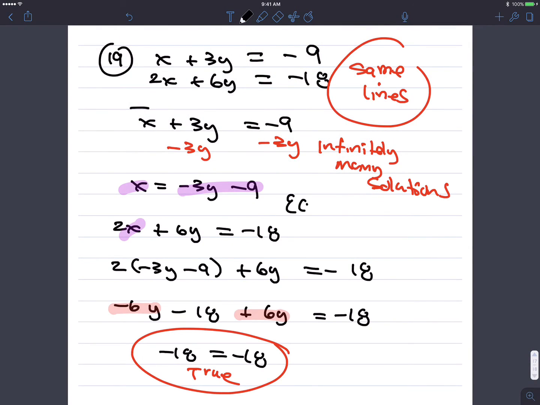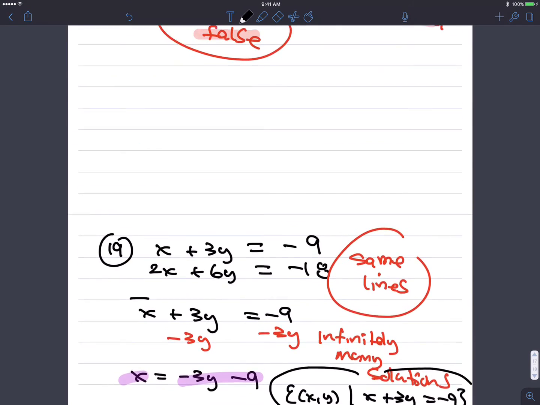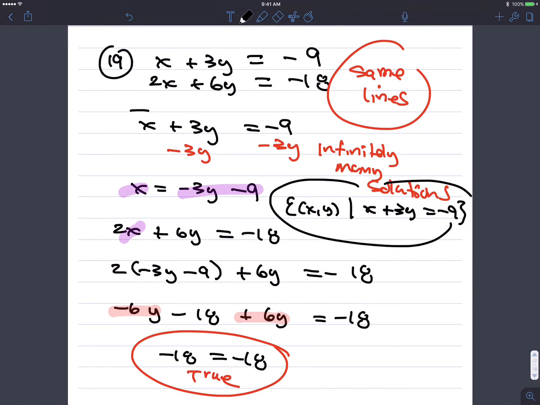It's a set of all points x and y such that, now pick one of the equations, I'll pick the first one. This is what you see in back of the book because what you're saying is every point on this line is a point of intersection, and that's true because it is the same line. They're on top of each other. This is what we discussed in class.